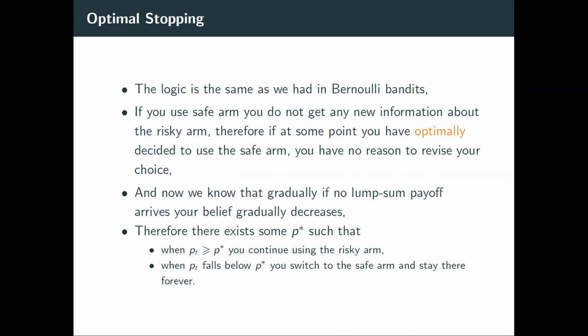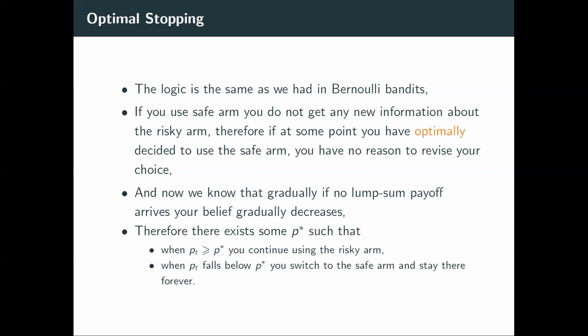As in Bernoulli bandits, the logic absolutely stays the same. If you use the safe arm in some time period, you do not get any information, right? That is, it doesn't update any belief about the quality of the risky arm. And therefore, exactly as in Bernoulli bandits, once you take the safe arm, you stay there forever.